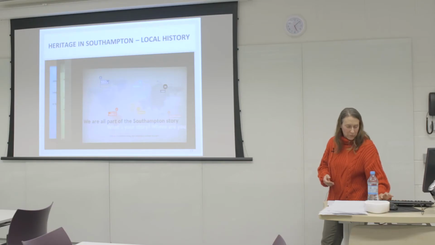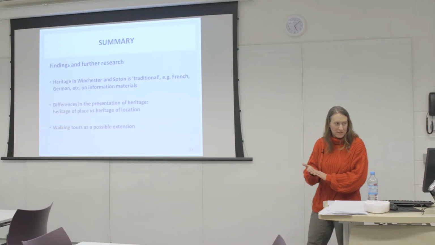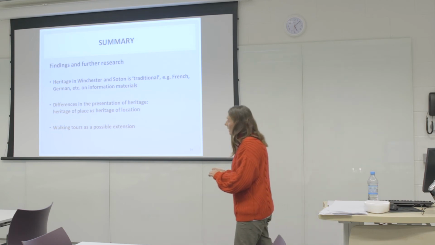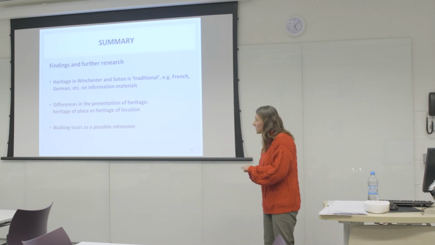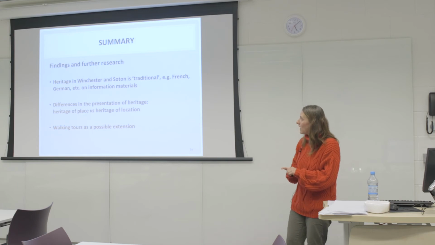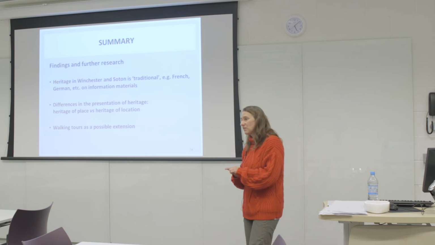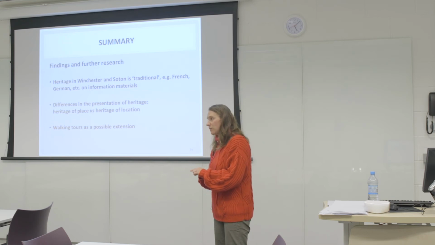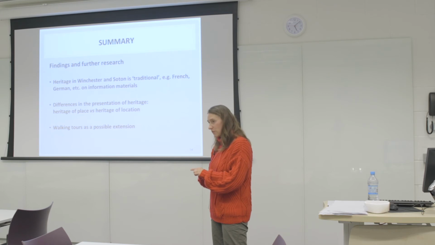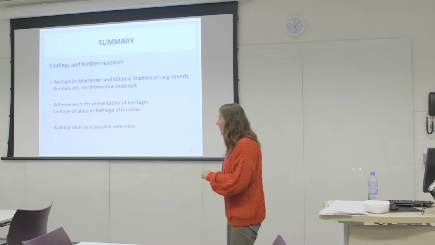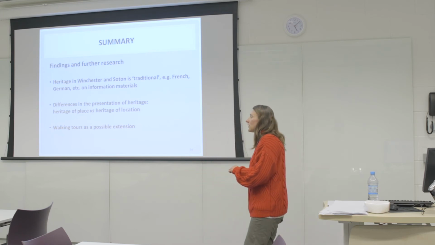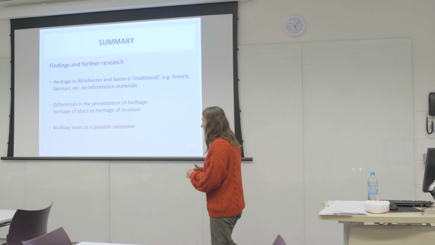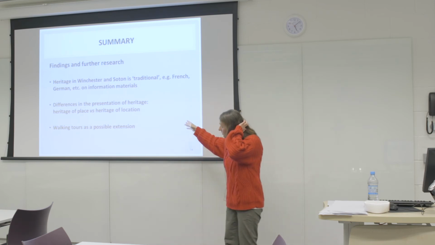Okay, so where does this leave us? Heritage in Winchester and Southampton is traditional in the sense that it caters for the same types of tourists in the way that languages are used on information materials. What is very different is the presentation of heritage.